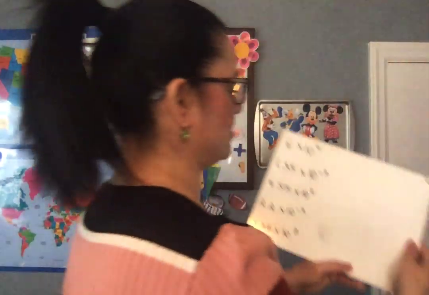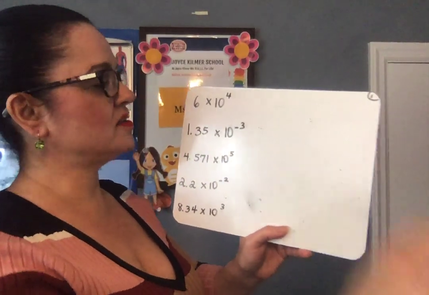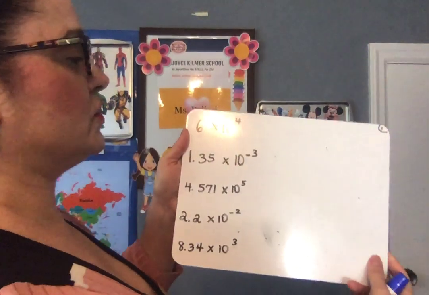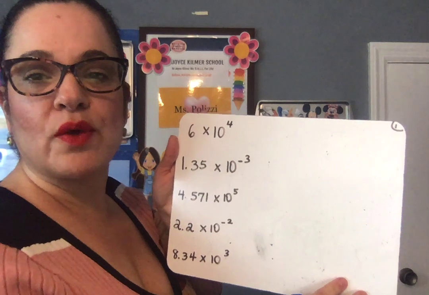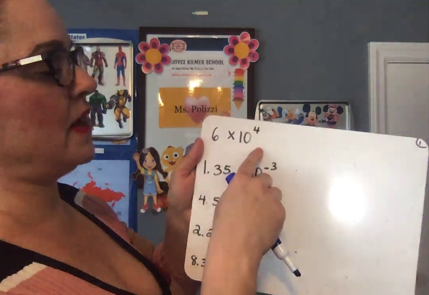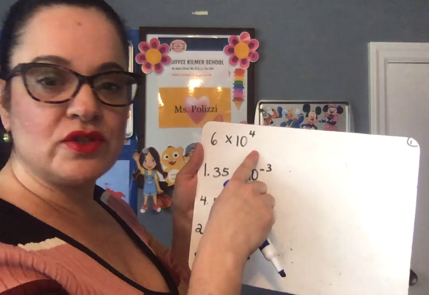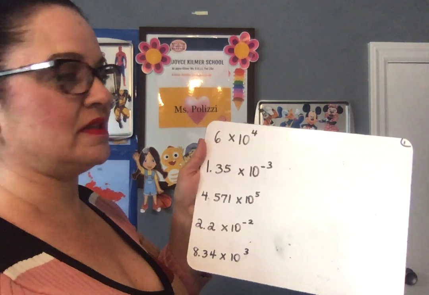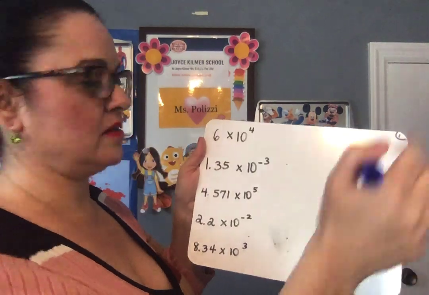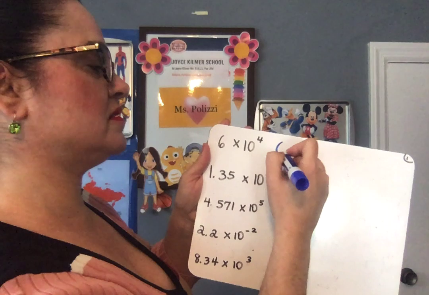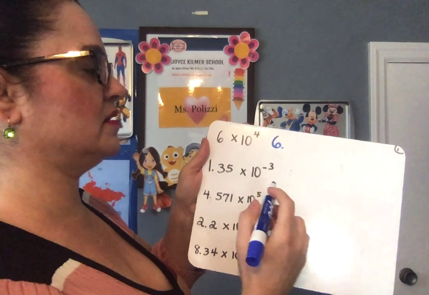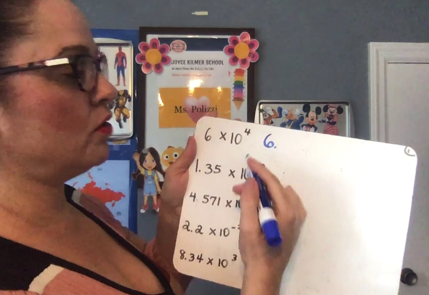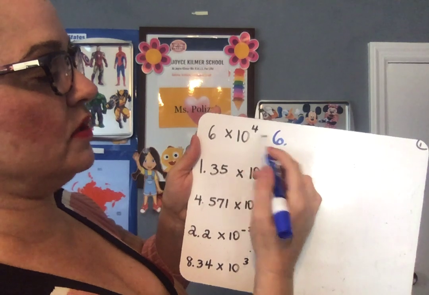All right. So you may get an example that says 6 times 10 to the 4th power. Anytime you see a positive exponent, you're going to move that number of places to the right. So let's put our decimal at the end of the 6, and we're going to move 4 right because the exponent is 4.